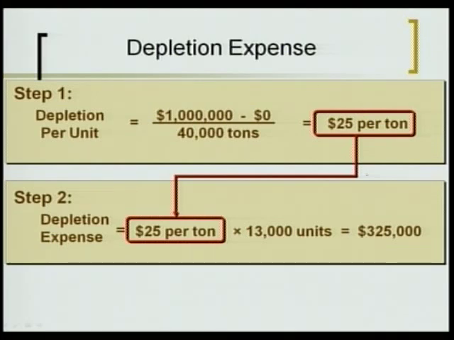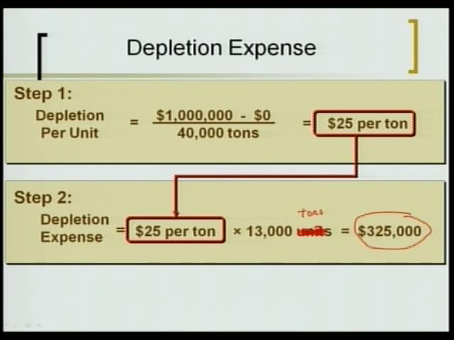Now, let me actually change this. If it's not changed on your PowerPoint, that's not really 13,000 units, that should be 13,000 tons, correct? Well, we extracted 13,000 tons, and we're going to deplete $25 per ton, which means that we're going to have depletion expense of $325,000 for that period.